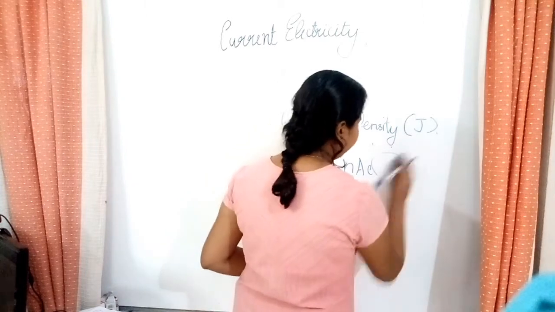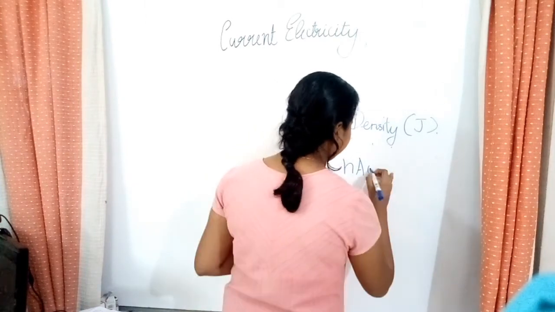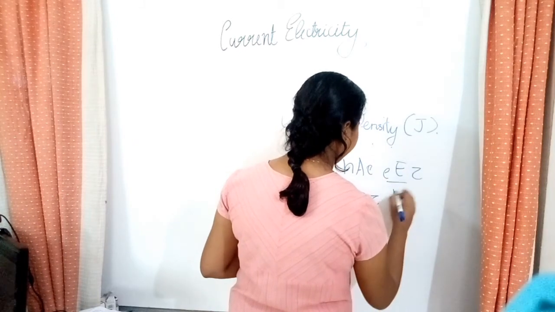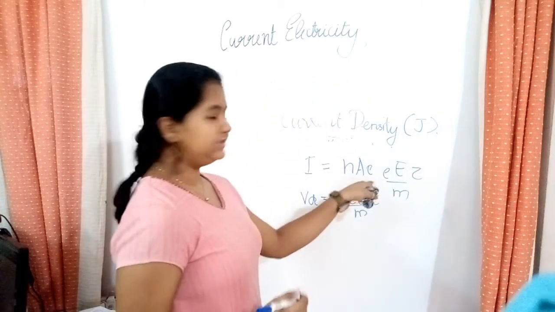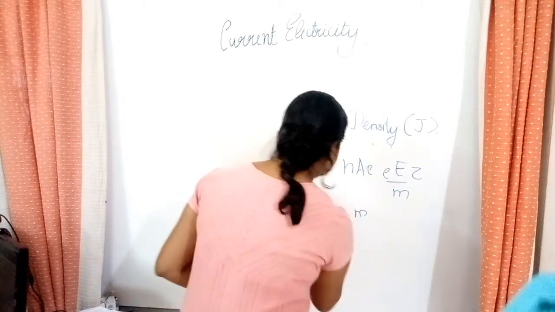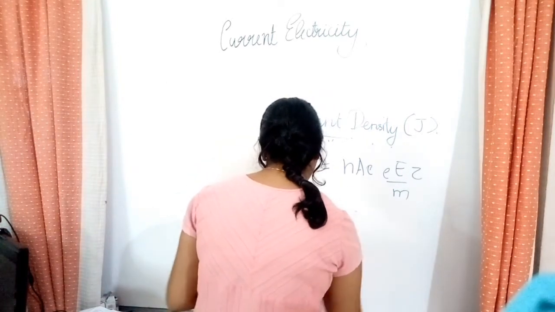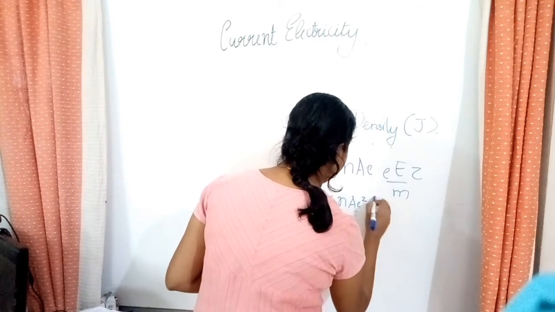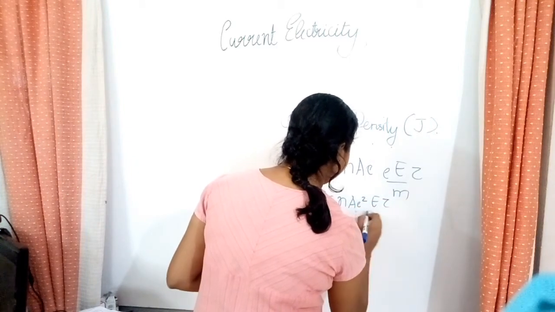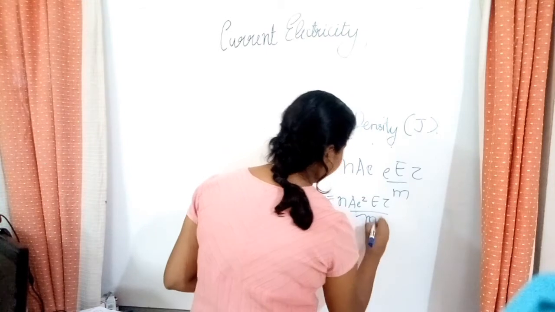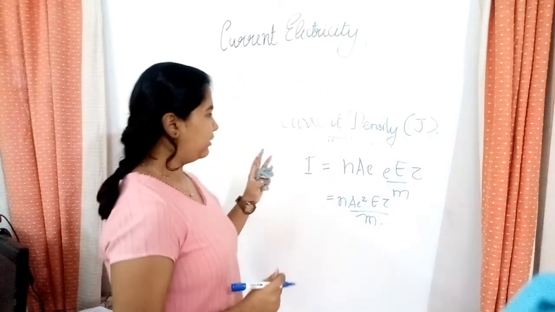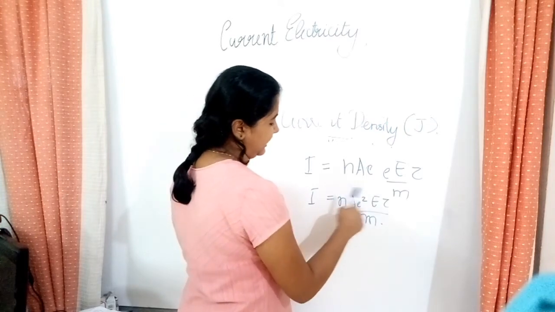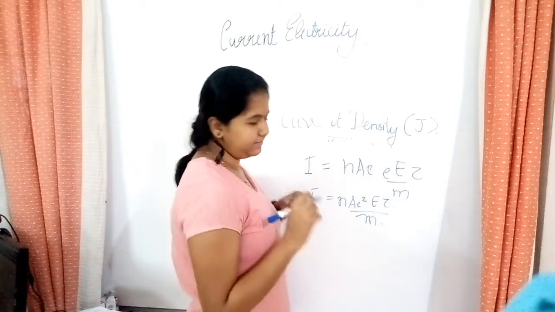So I is equal to n A e squared Eτ divided by m.